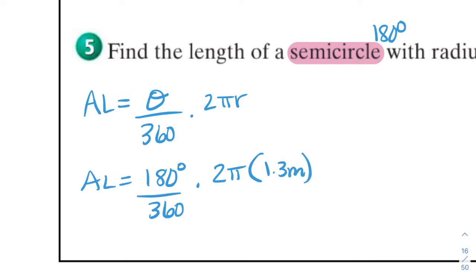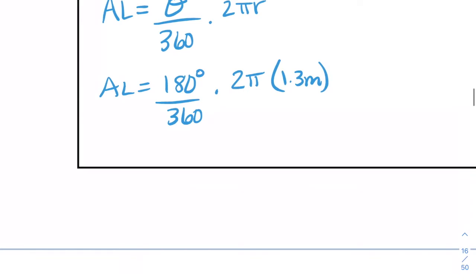Now you could have said, Mr. A, a semicircle is half a circle, so I could have just done 1/2 of the circumference. You can. That's where arc length is going to come in. So arc length is going to be 1 over 2, that's your 1/2, times your circumference, which is 2 pi r, which is 2 times 1.3 meters.